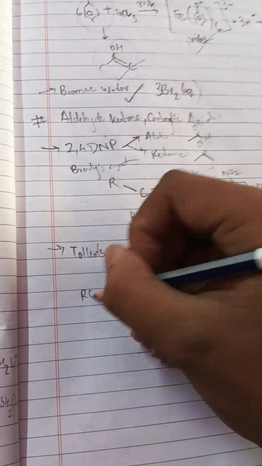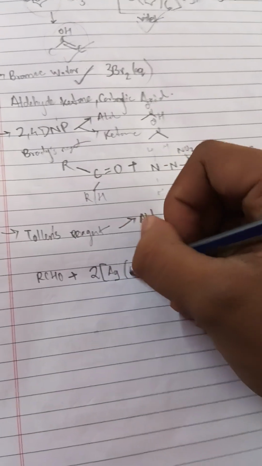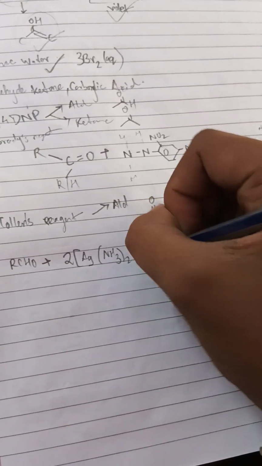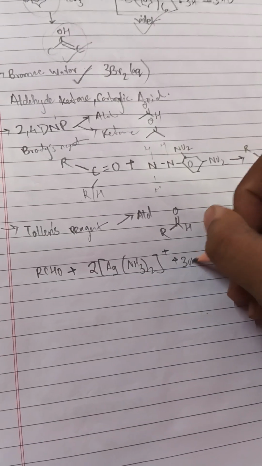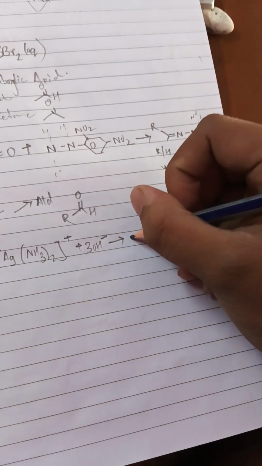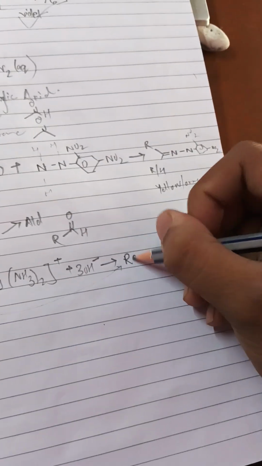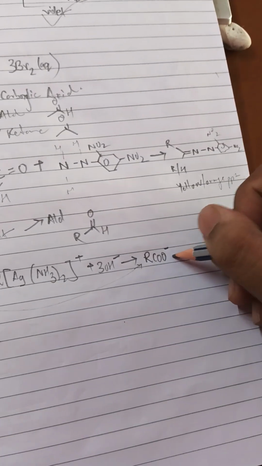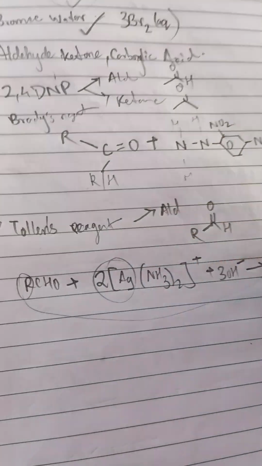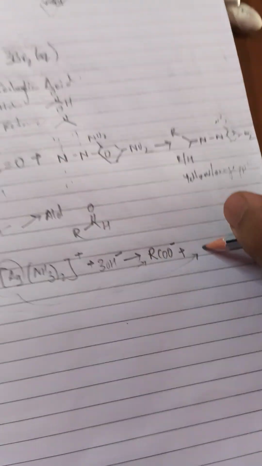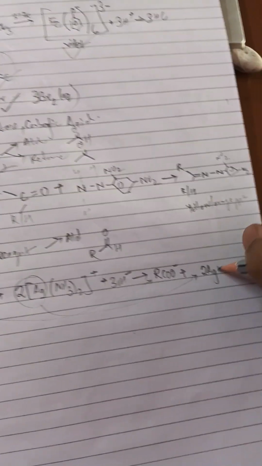So what does it do? RCHO plus 2[Ag(NH3)2]+ plus 3OH- gives what? It gives RCOO-, and this breaks down, 2Ag goes down.